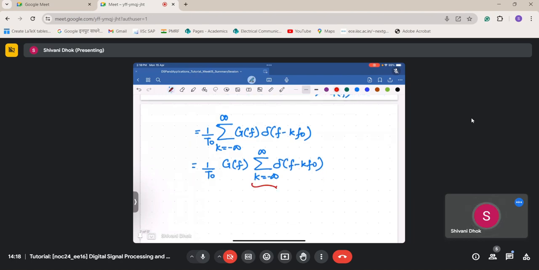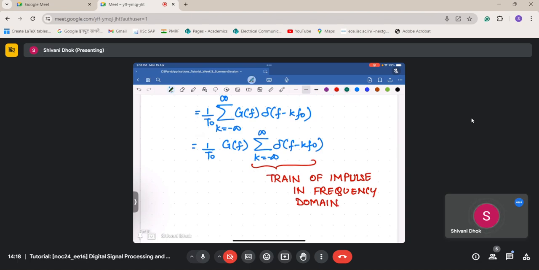This thing here is a train of impulses in the frequency domain. We are multiplying a train of impulses to a function of frequency, which means that this entire operation here is equivalent to sampling in the frequency domain.